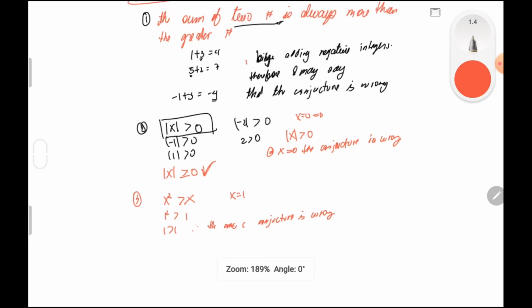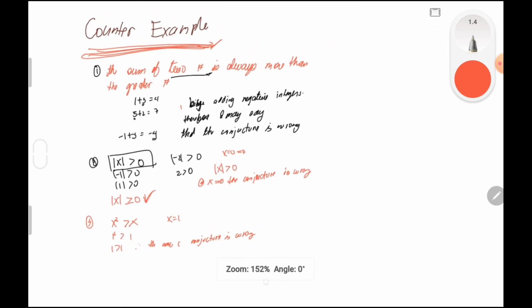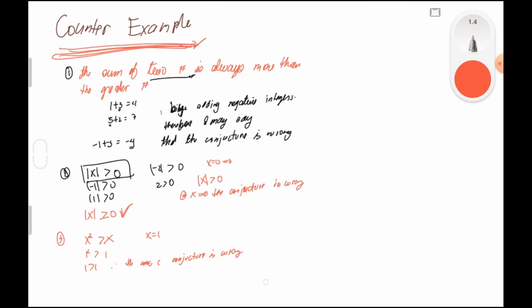And so these are examples of our counter example. So take note, counter example, so our purpose is to give examples that would make the conjecture wrong. So pag gumawa ka ng ganun, therefore the conjecture that was given was wrong. Pag magkaroon ka ng counter example. Okay? Ayan.